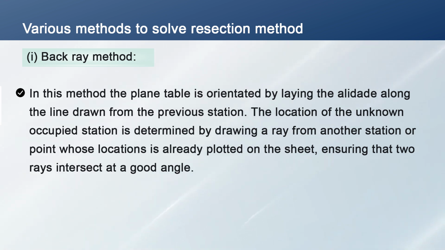It means that in this surveying method, the plane table is aligned with a previously drawn line and the location of the unknown station is found by drawing a line from another known point on the map, making sure that the two lines intersect at a clear angle.